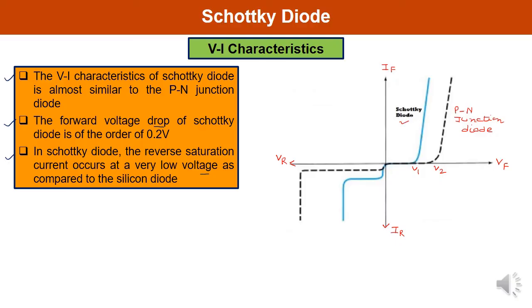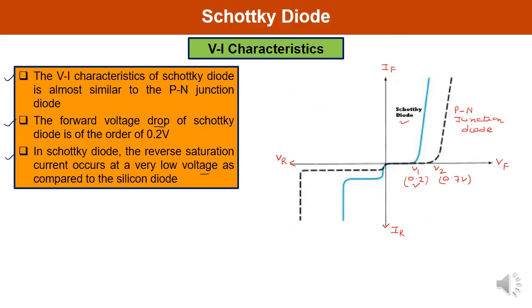Here V1 will be approximately 0.2 volt. This is for the Schottky diode, and if we are talking about the silicon diode, V2, the cut-in voltage for it, must be 0.7 volt.